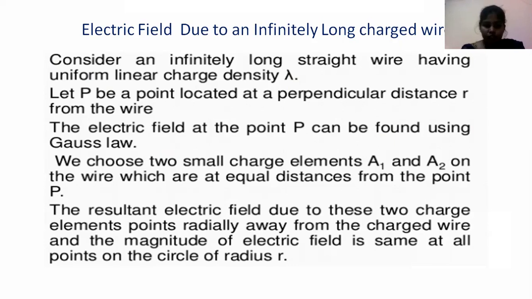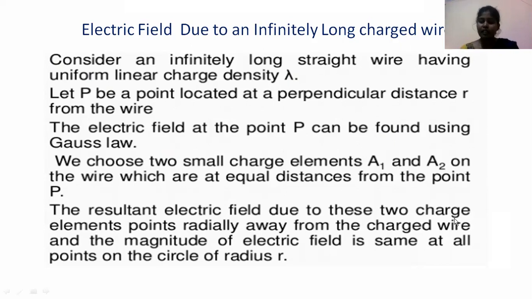We choose two small charge elements A1 and A2 on the wire, which are at equal distances from the point. The resultant electric field due to these two charge elements points radially away from the charged wire, and the magnitude of the electric field is the same at all the points on the circle of radius r.